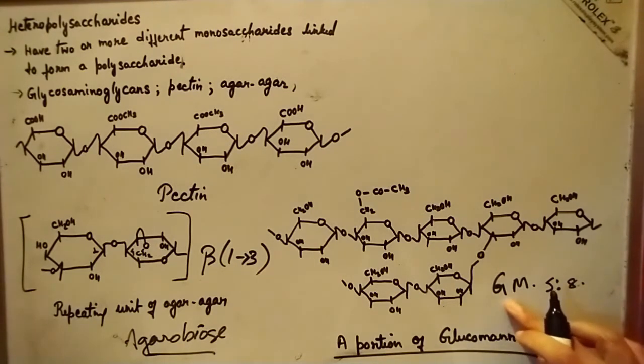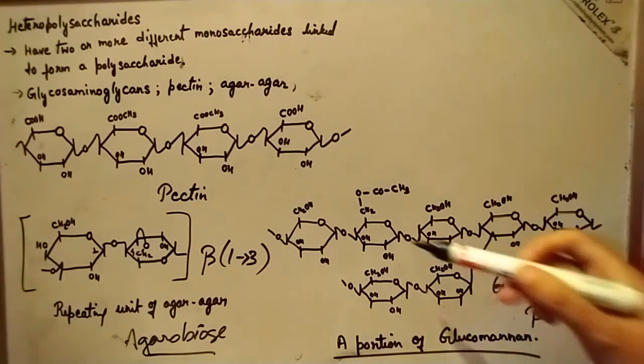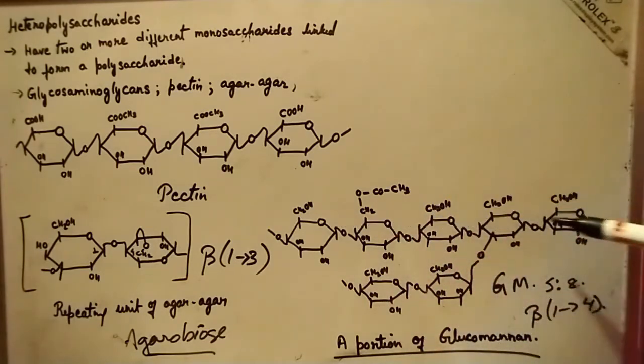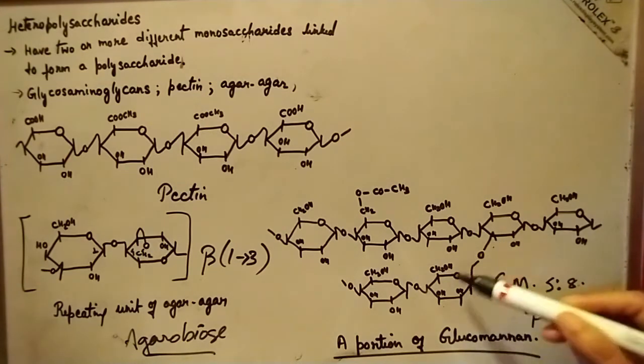The ratio of glucose to mannose is 5:8, and these units are usually joined by the beta 1,4 glycosidic linkage. And the main chain may also have side chains. As you can see here, this is the main chain which is joined by the beta 1,4 linkages, and it also has a side chain.